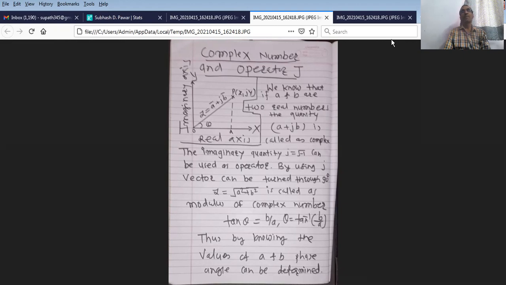The first point of this AC circuit chapter is complex number and operator J. Here we are going to study the use of complex numbers in AC circuits.